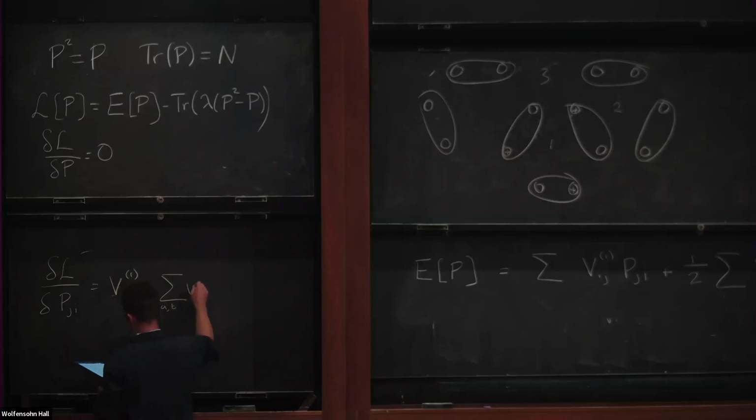Then V2, A, B, J, B, A. And then finally, there's the Lagrange multiplier part. Here I'm going to suppress the indices because it takes a nice form. You get lambda P plus P lambda minus lambda.